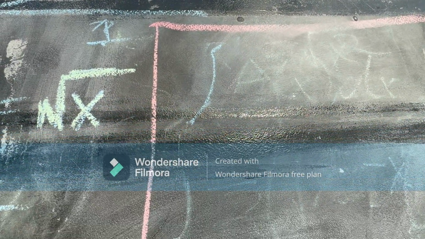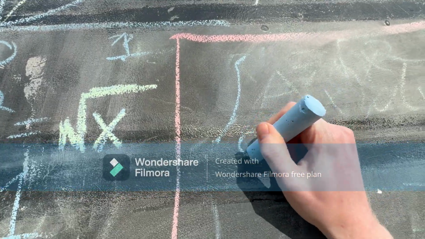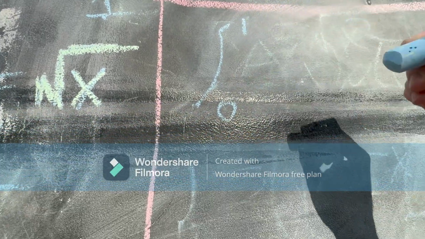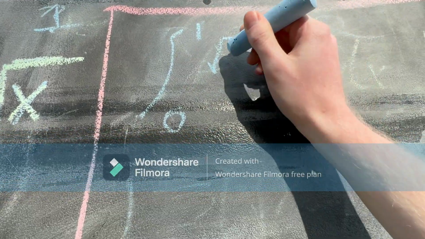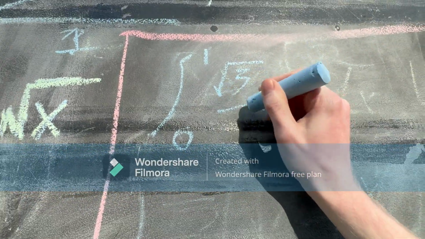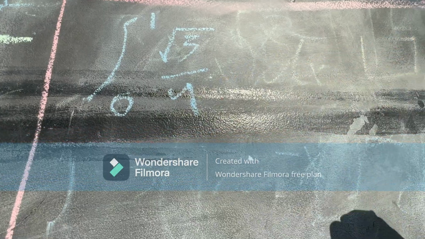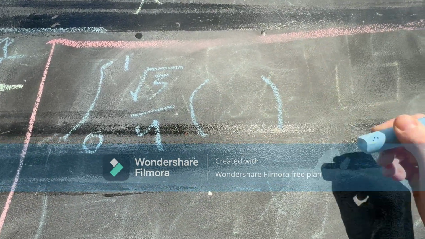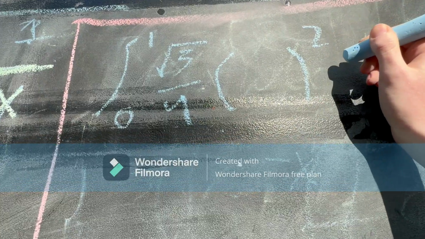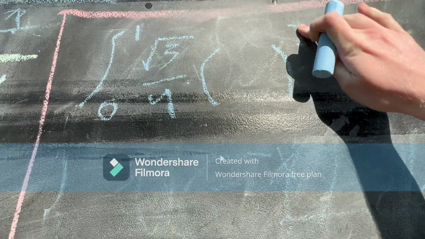From 0 to 1 it is. The square root of 3 over 4, quantity squared dx. Wait. You don't square this one.